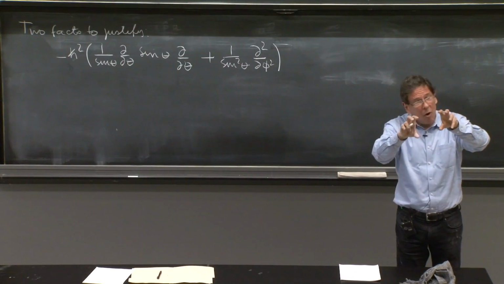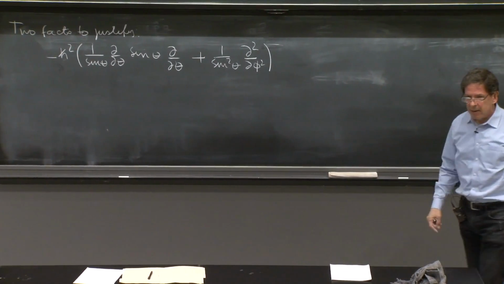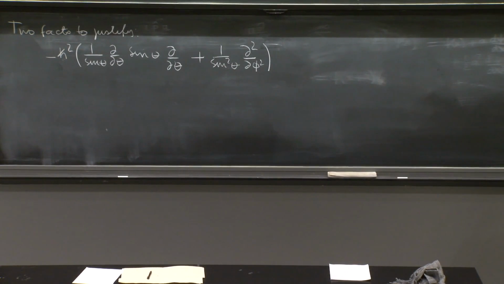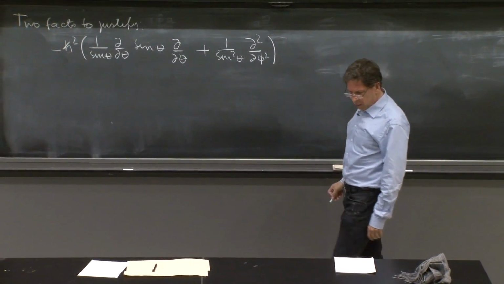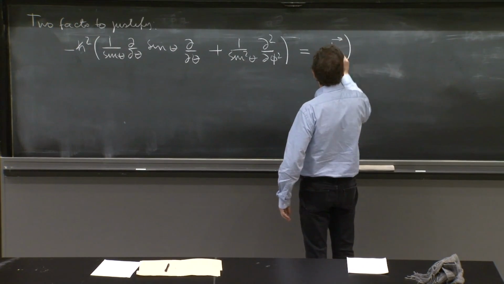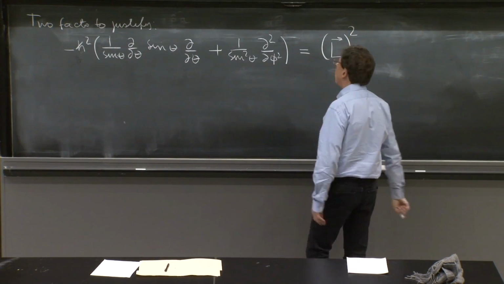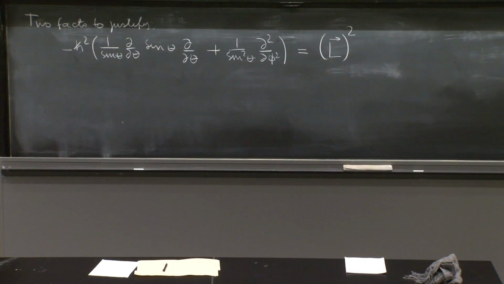So it's a first order differential operator, but this is a second order one. So this could not be just angular momentum. Anyway, angular momentum is a vector. So this will turn out to be, and we will want to justify, L squared, the quantum version of the angular momentum operator squared.